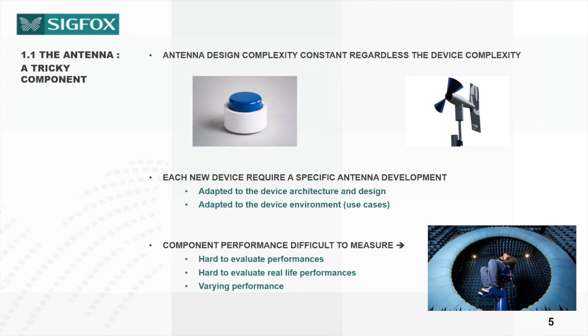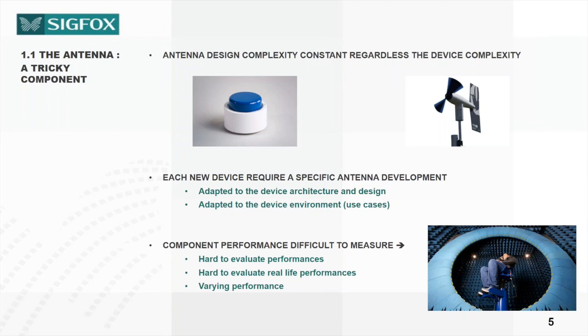In some cases, you can have some external antennas that are much easier to implement. Also, you need to adapt the antenna to the device environment or the use cases. For instance, if you know that a device will be placed against a wall or held by a user, you really need to take that into consideration when you design your antenna or adapt it to your device.